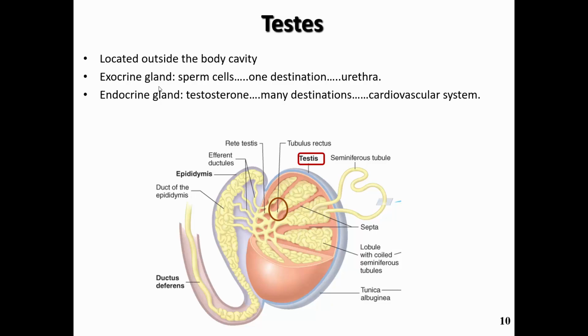As an exocrine gland, the secretions of the testes, which include sperm cells, are delivered through the urethra. So there's only one destination through a duct, and that's the general characteristic of the exocrine gland. The endocrine function of the testes produces testosterone and secretes it into the cardiovascular system.